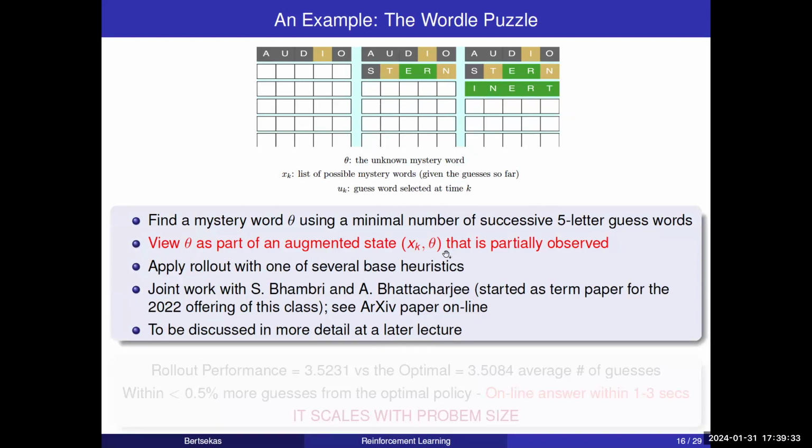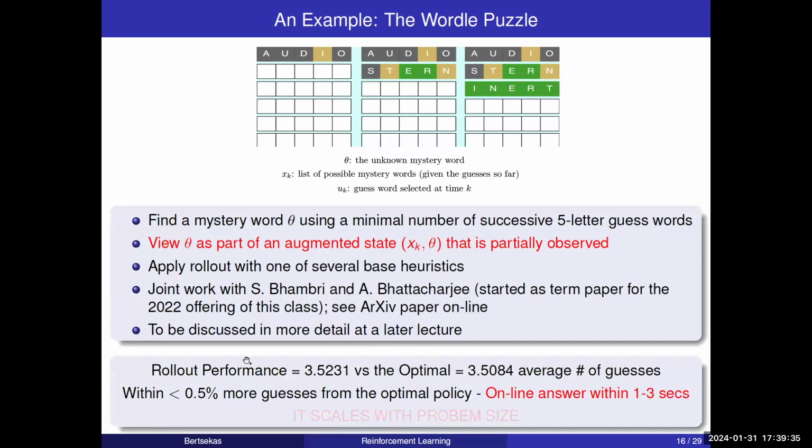But the result is the following. It is possible to calculate the optimal strategy for Wordle, for the New York Times version of Wordle. It takes many days. It's a gigantic dynamic programming computation, taking advantage of all the structure of the problem, the fact that the initial probability distribution is uniform, cutting corners here and there, being clever, using parallel computation.